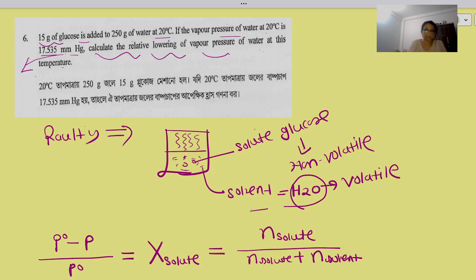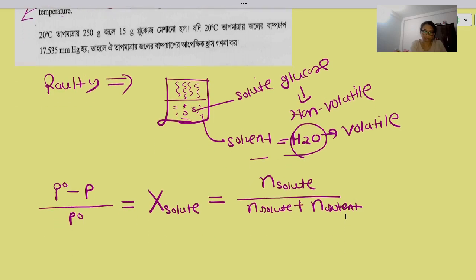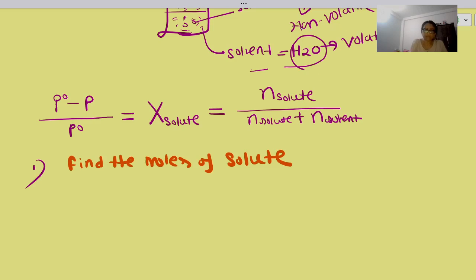Now let us start the calculation step by step. First, we have to find the number of moles of the solute. How to calculate it? With the help of the formula. To find the moles of solute, we have to use the molar mass and the given mass.